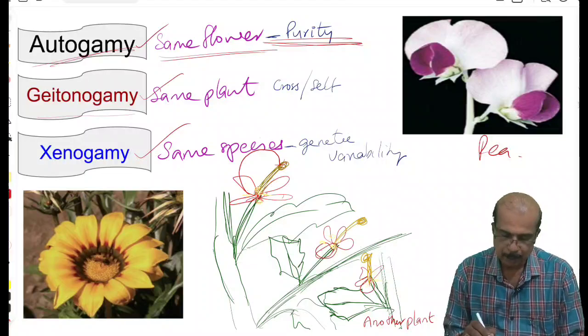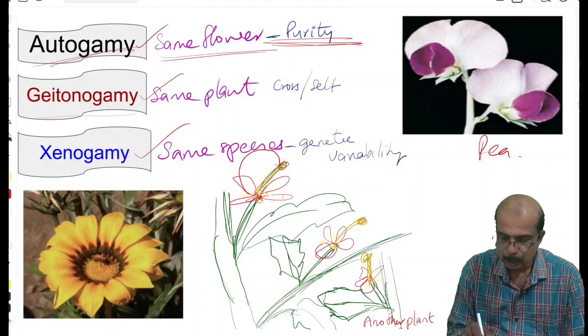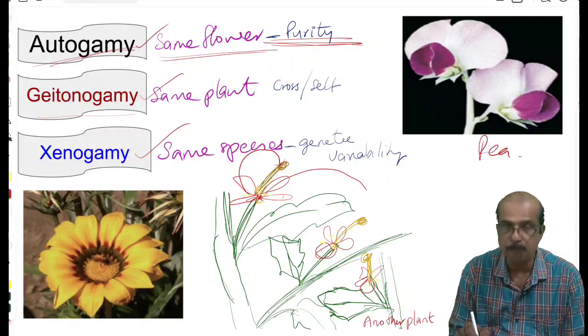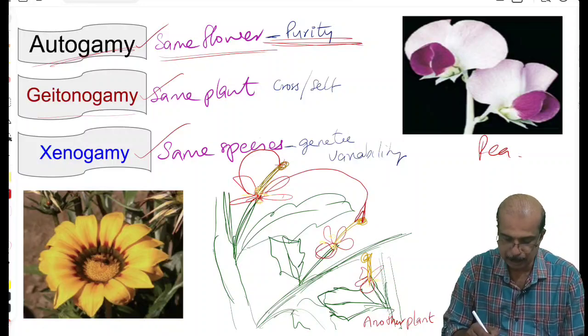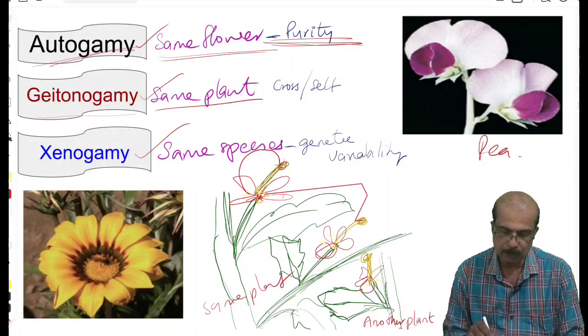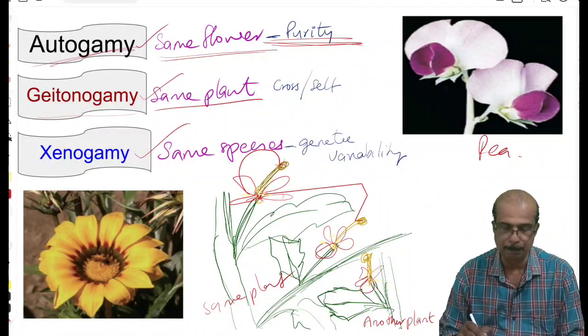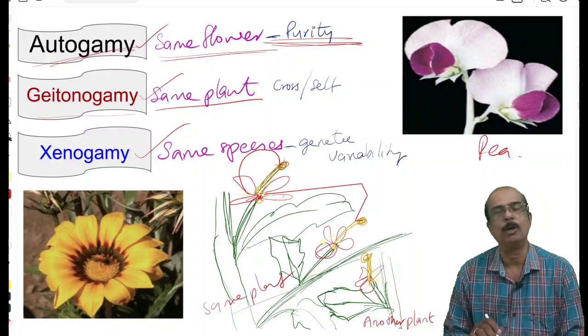What is geitonogamy? It is the transfer of pollen grain from the anther to the stigma of another flower of the same plant. Here the plant is the same one.